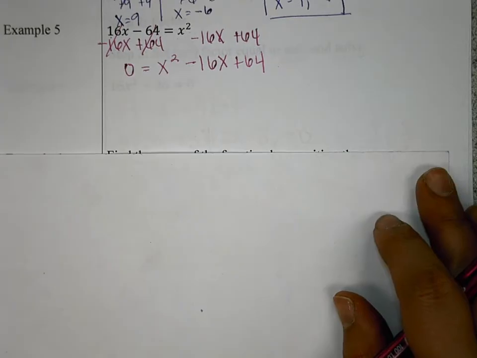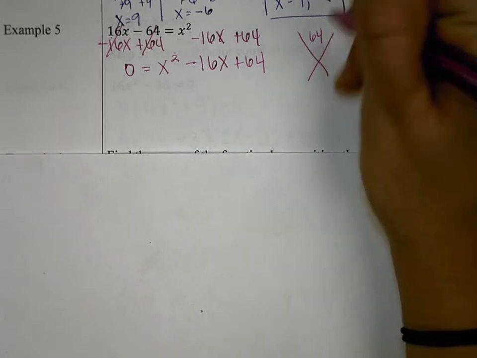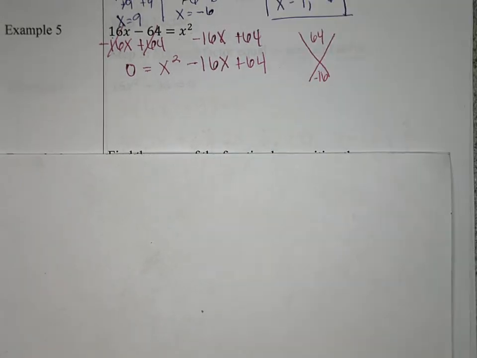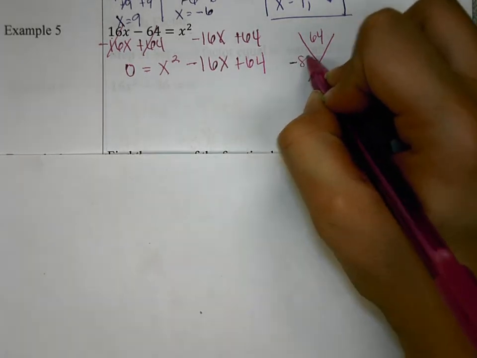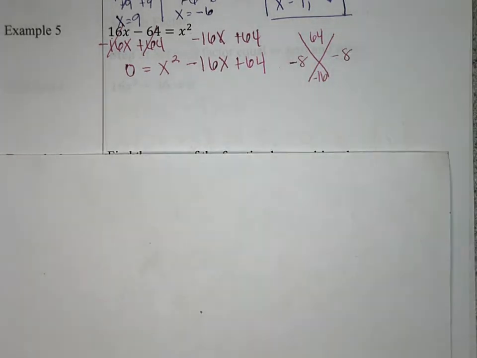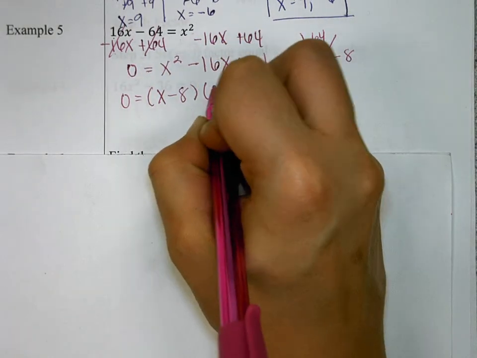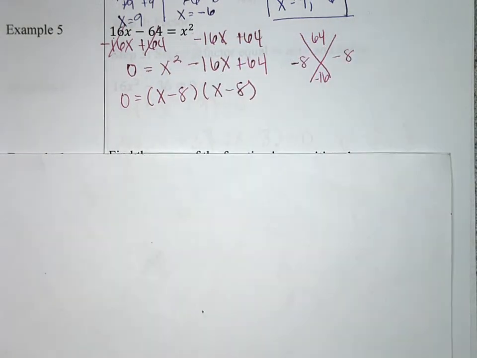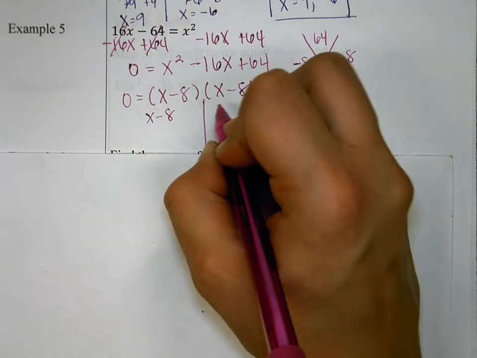So this is also a diamond method problem. I want two numbers that multiply to positive 64 and add up to negative 16. And that's going to be negative 8 and negative 8. So this whole thing factors to x minus 8 times x minus 8. I set each of those equal to 0.